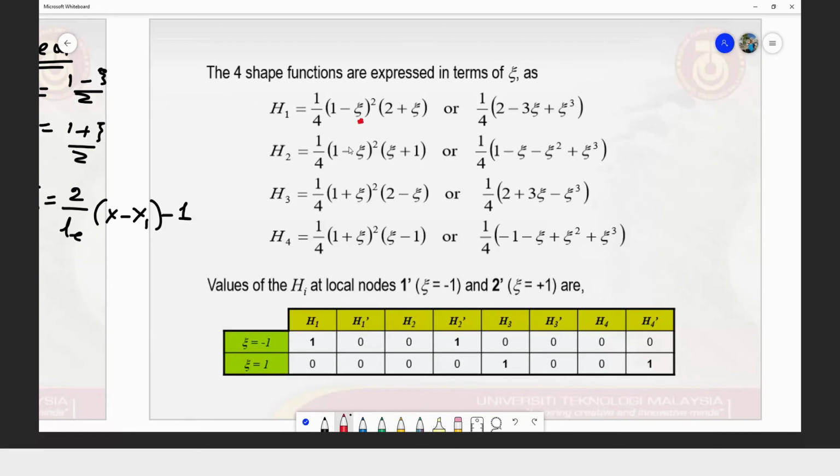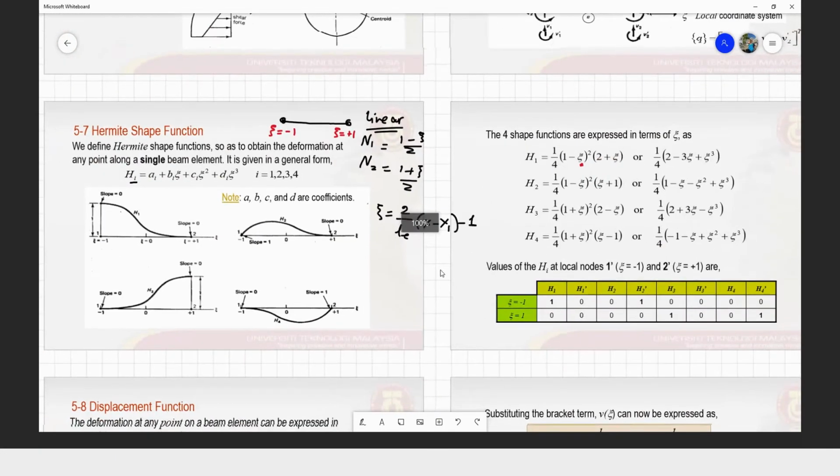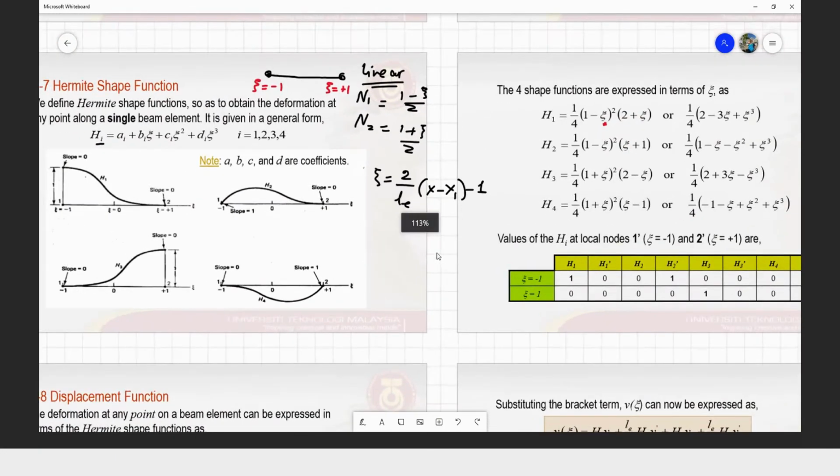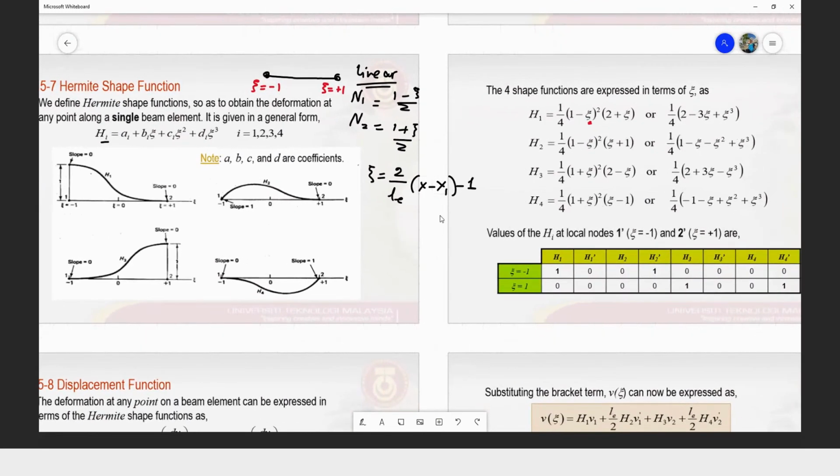So for H1, its mode is in this shape. I can shrink it also. Alright, this is the mode of the beams for the Hermite shape function.